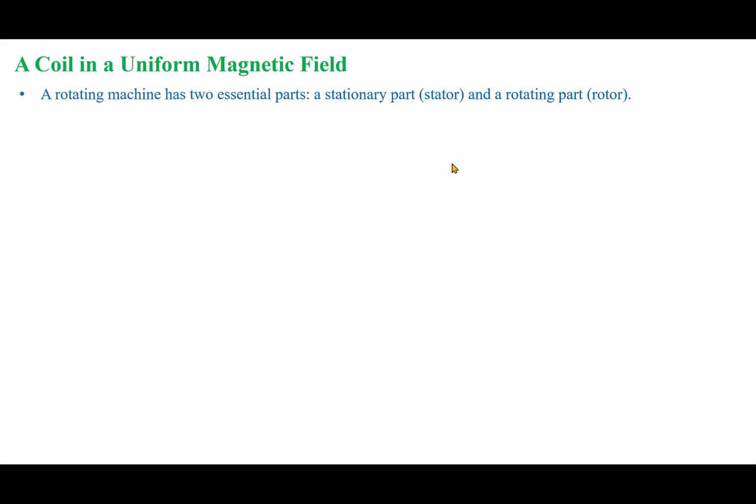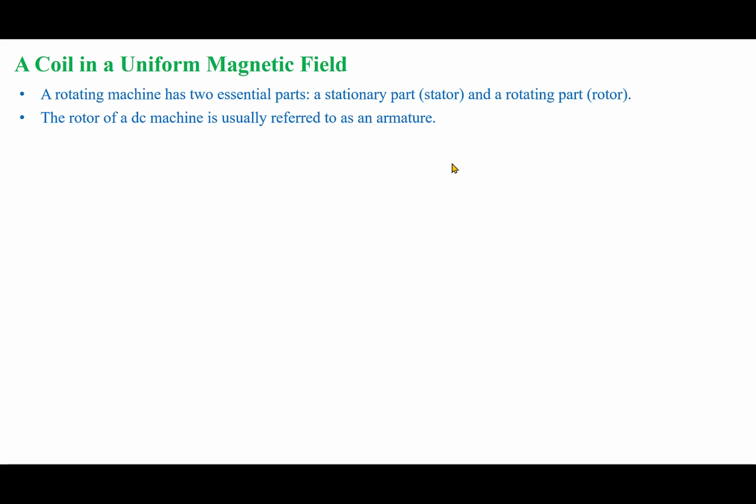A rotating machine has two essential parts. Stationary is stator and rotating part is the rotor, right? Then the rotor, of course, in the DC machine, it is referred as armature because the armature winding is in the rotor circuit. Whereas in case of synchronous machine, the rotor actually carries the field, okay?